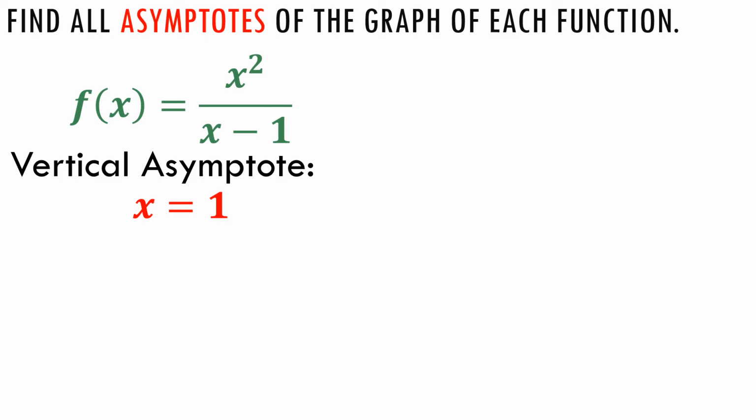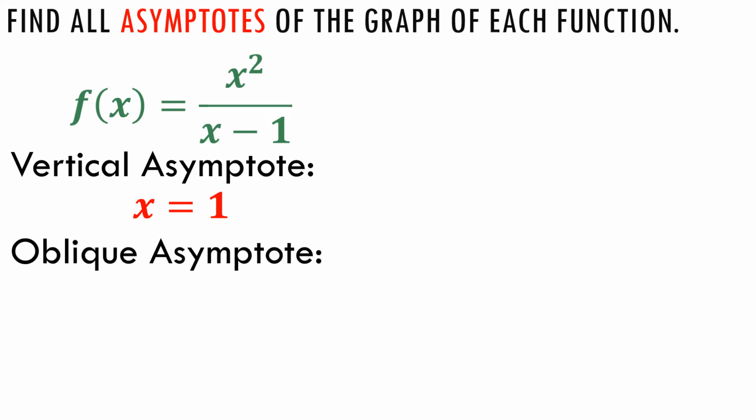Since the degree of the denominator is less than the degree of the numerator, it is an oblique asymptote. To find the equation of this asymptote, we have to find the quotient of the numerator and denominator in the form of a linear function with non-zero slope.